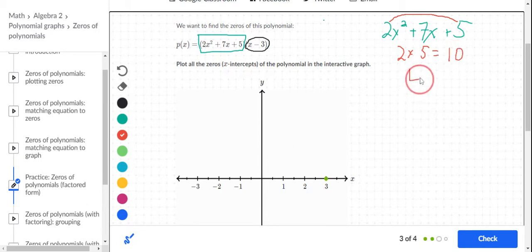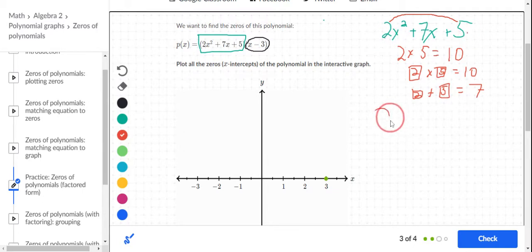And I'm going to come up with two numbers that multiply to equal 10 and also add up to 7. All right, if you need some help on this, check out that video on grouping on this same YouTube channel. All right, so 2 and 5 work. Kind of a coincidence there, right? But they do. They add up to 7.